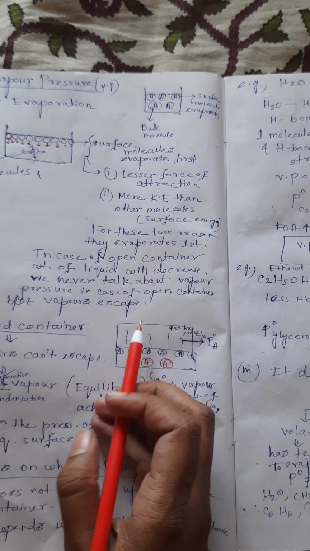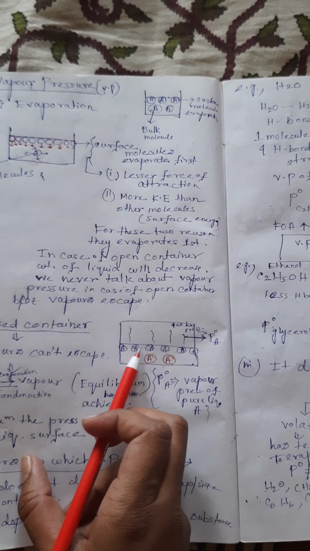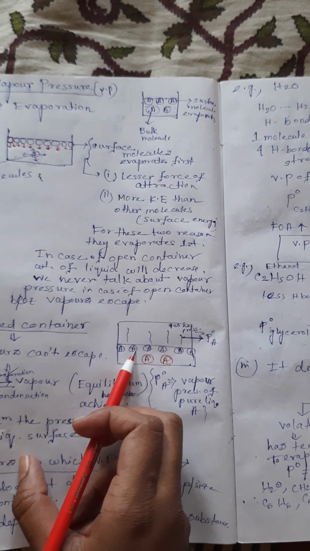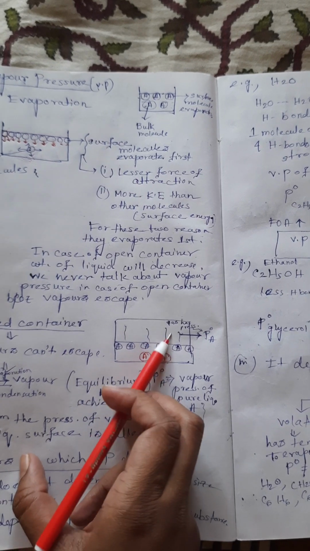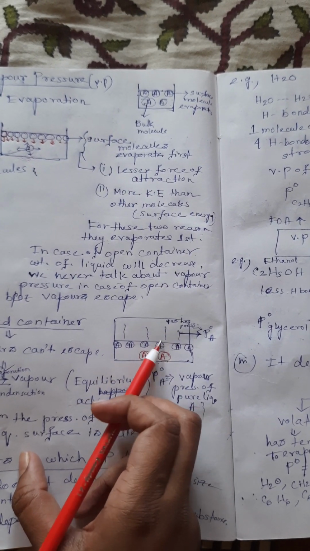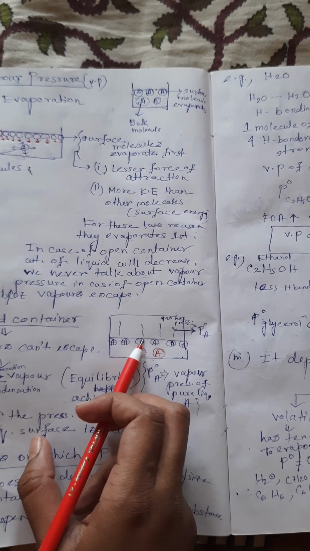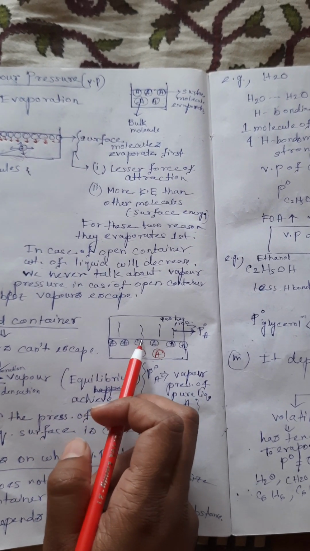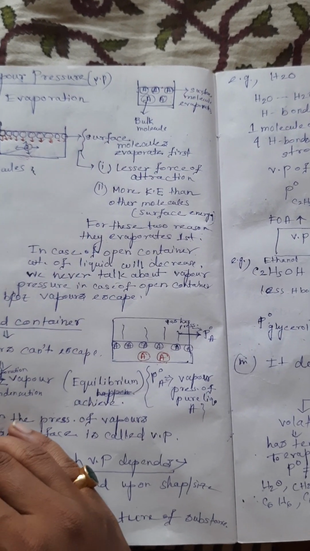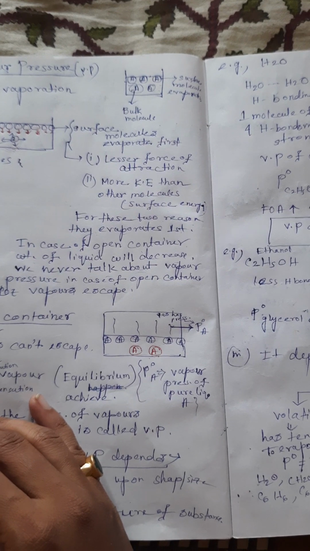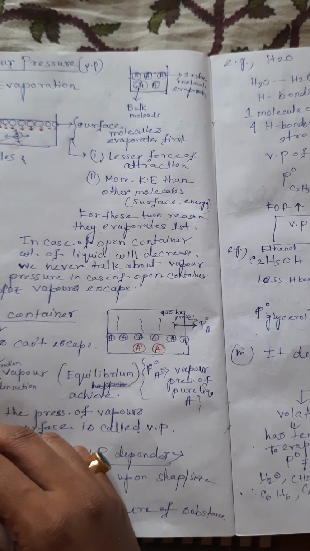Now see, this solution A, these are the surface molecules. When they start evaporation, the gas, which means only A, has a pressure. After evaporation, solution A turns into gas, which means vapor. So it has its own pressure. This pressure is called the vapor pressure of pure liquid, that means PA naught.